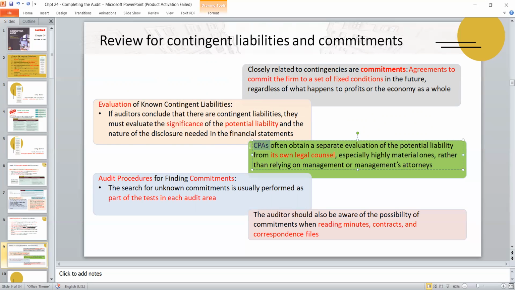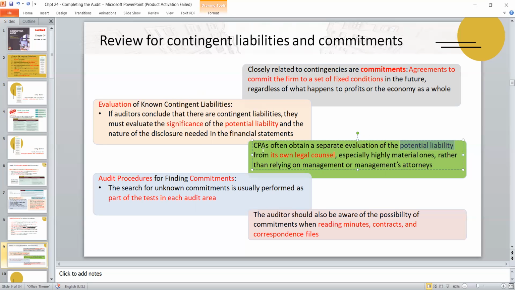And usually CPA firms have their own legal counsel, a legal consultant of their own. Their legal counsel will measure the potential liability of the CPA's client.